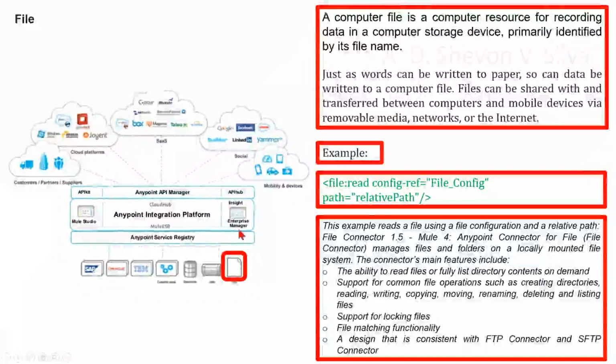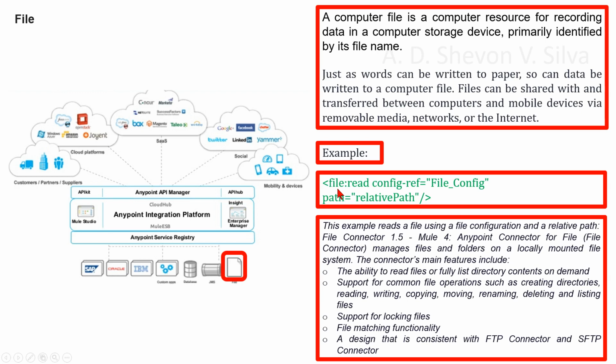As an example, we can consider this one. This example reads a file using file configuration and relative path. The File connector 1.5 Mule 4, Anypoint connector for file connector, manages files and folders on a locally mounted file system.